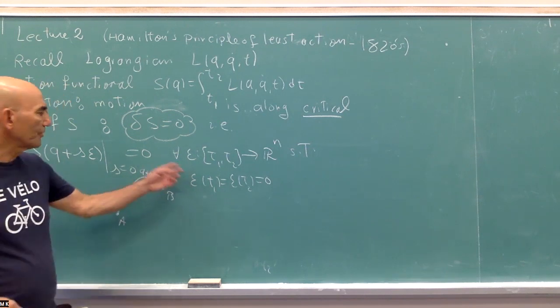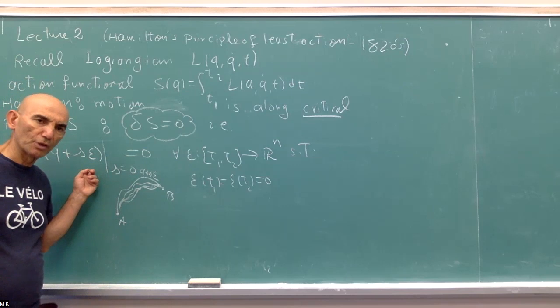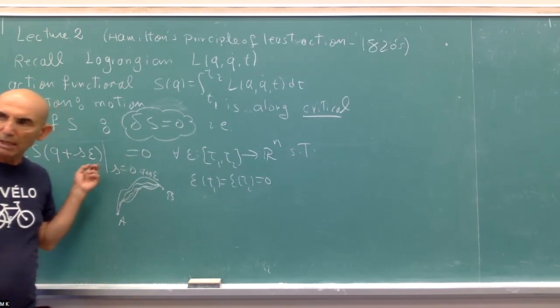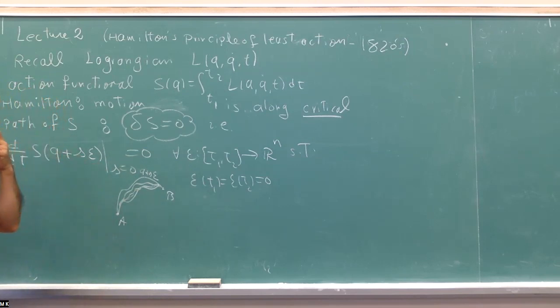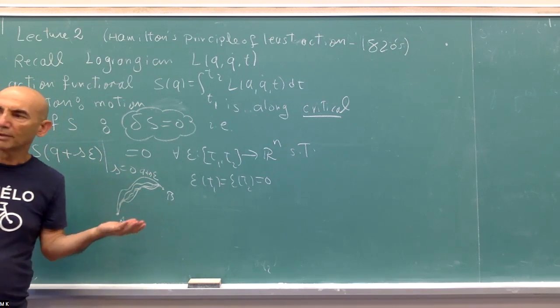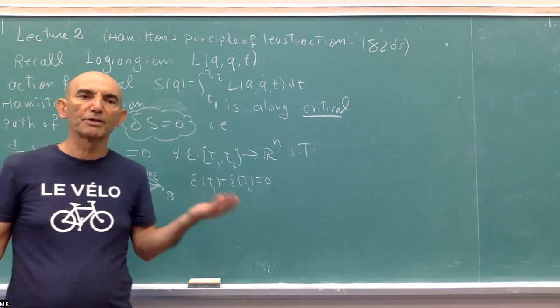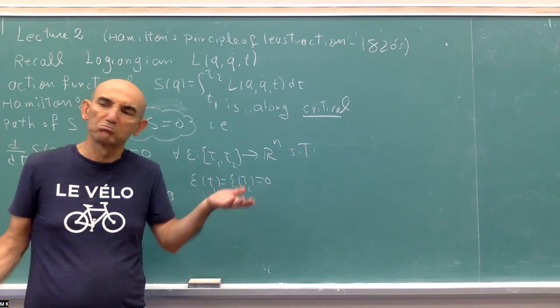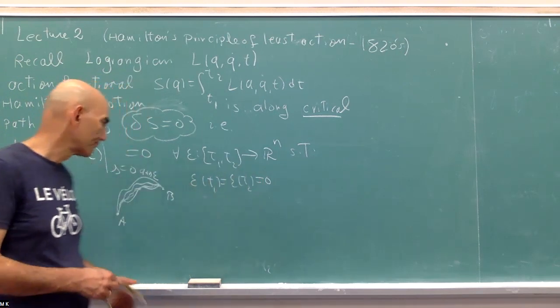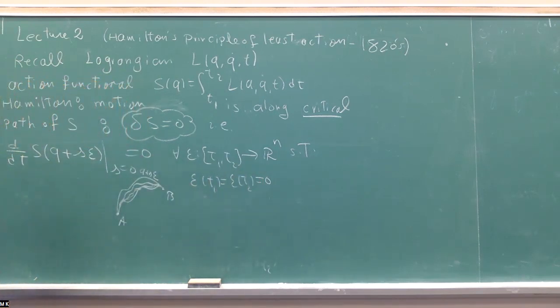So this is really the directional derivative of this functional in the sense of calculus along the direction epsilon. So what is the critical point? The critical point is a point where all directional derivatives vanish. Okay, so that's a definition. It is a good one, but we have to find out how to use it.